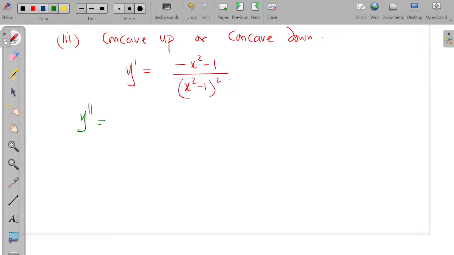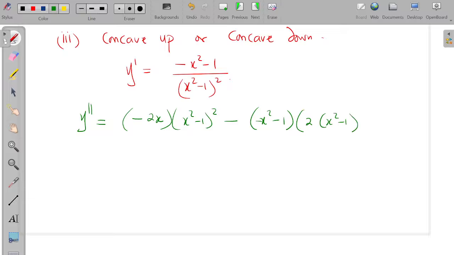Second derivative of this, we use the quotient rule again. So we derive this, we get -2x multiplied by x squared minus 1 squared, minus, we write this one, and then we find the derivative of these two into x squared minus 1, then multiply by inside 2x.